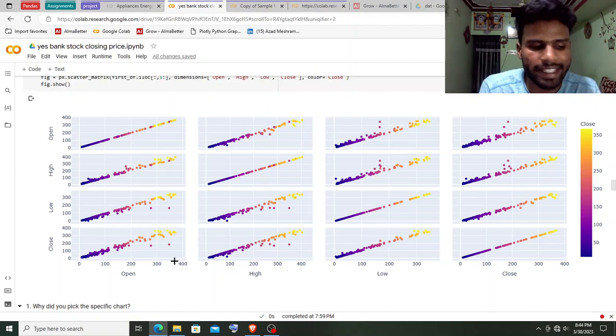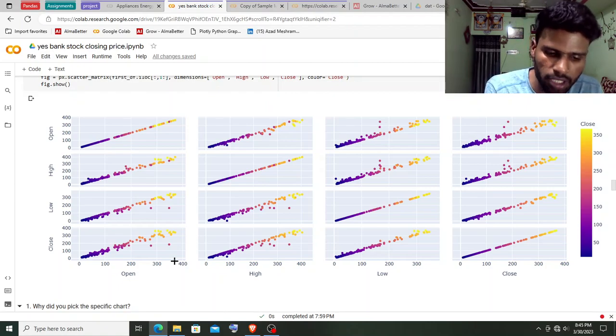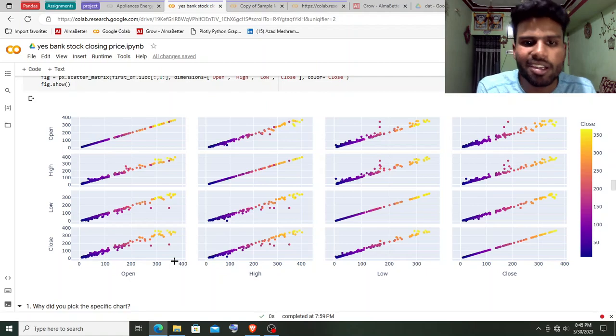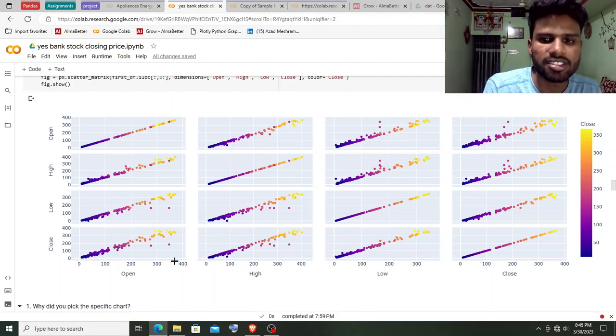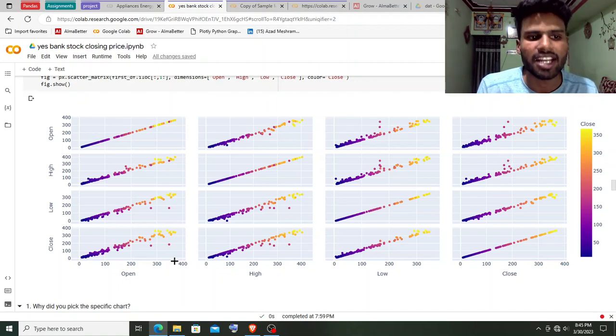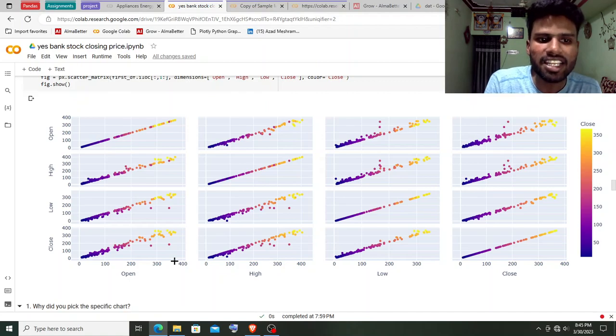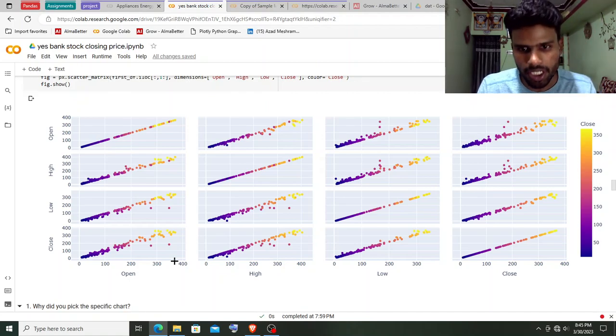By our linear regression assumptions, we know that there should be a relationship between independent variables and the dependent variable. So this relationship between dependent and independent variables is expected, but this chart is showing that each and every other feature also has a linear relationship with them. It shows there is a high collinearity between them.